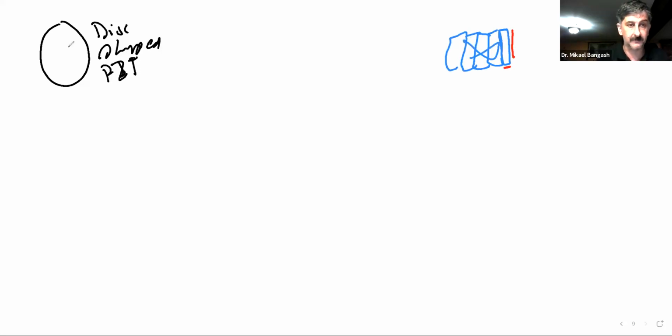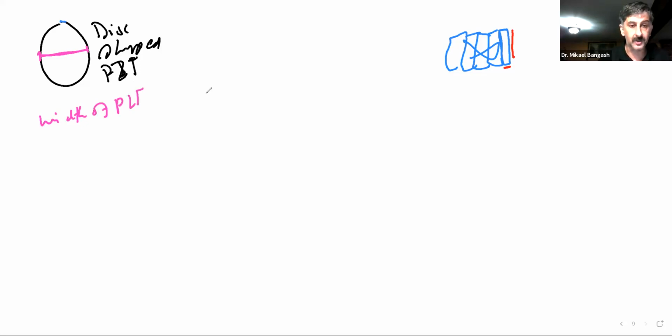So for this here, it's mainly just a question of saying, if this is your disc-shaped PCT, from side to side, that's going to be the diameter, also you can say the width of the PCT. Clear?